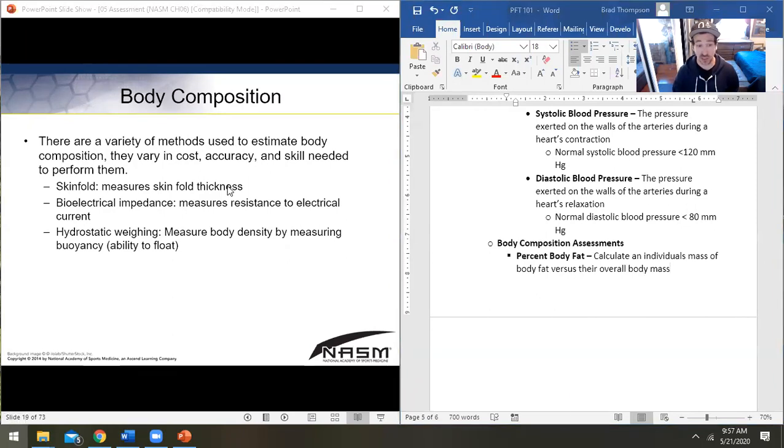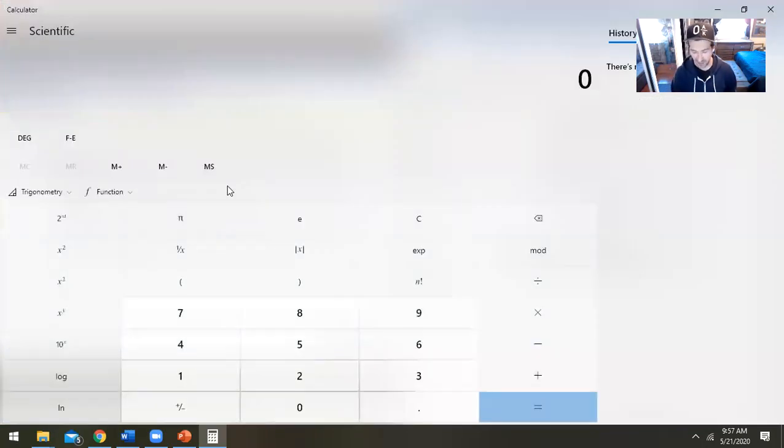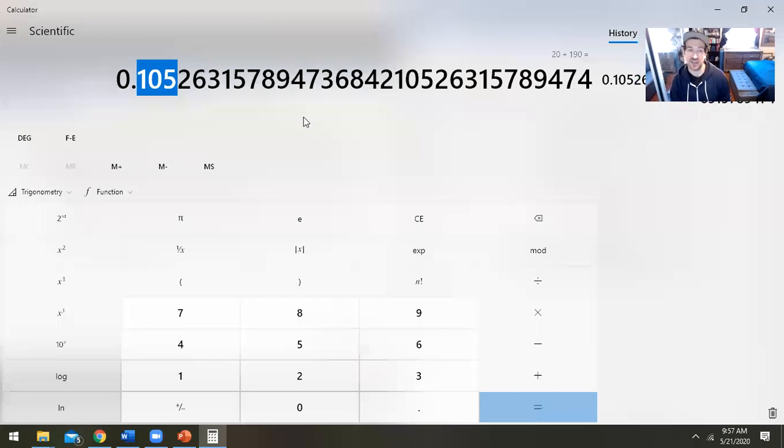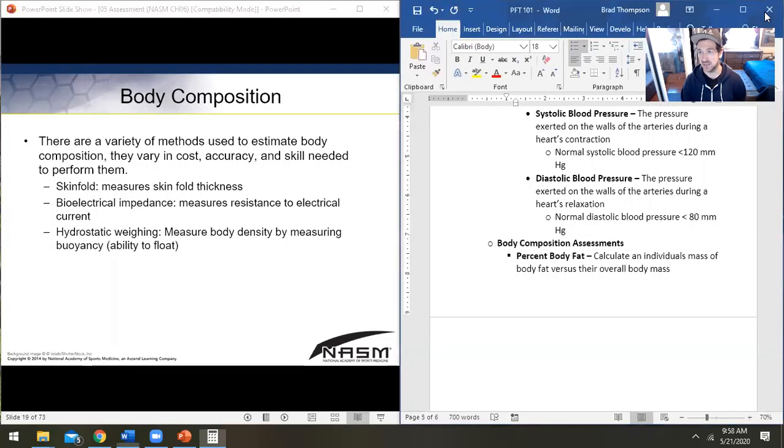You would take 20 and divide that by 190, and that would give you 10.5% body fat. So that's how you calculate it. It's the poundage of fat that you have divided by your overall body weight.